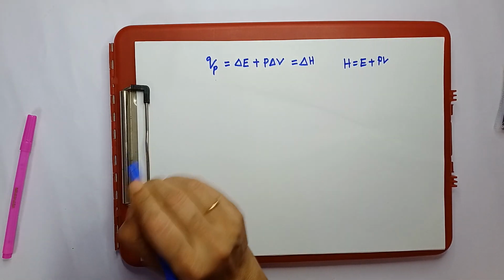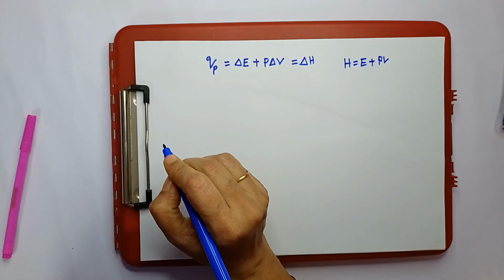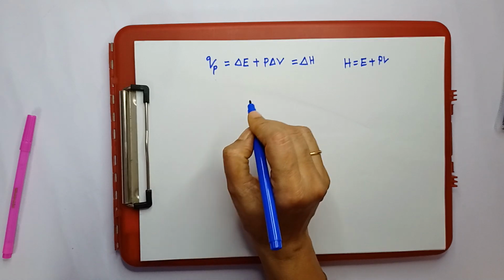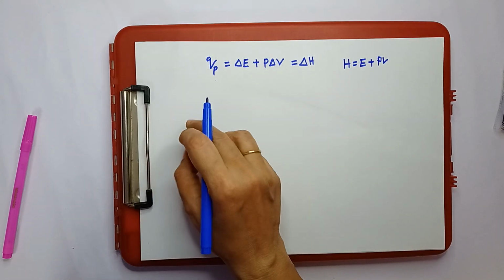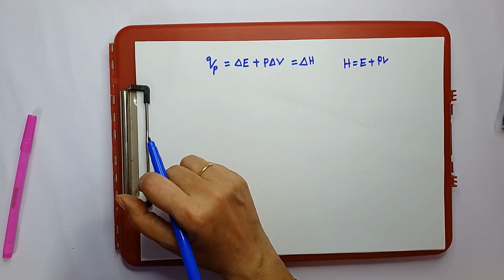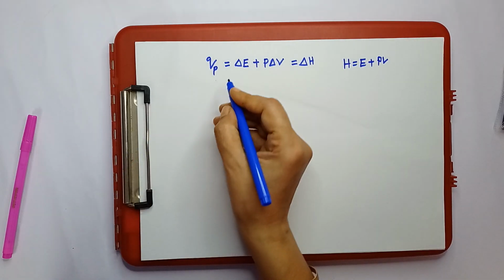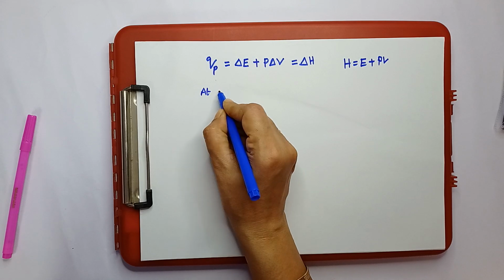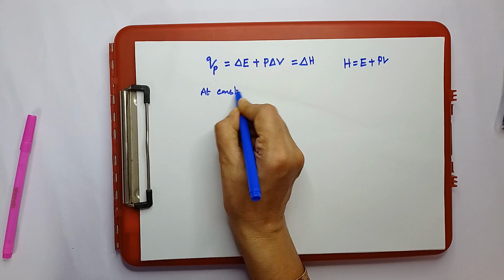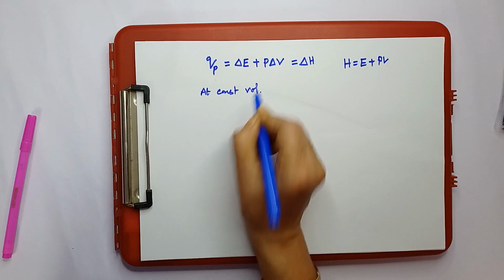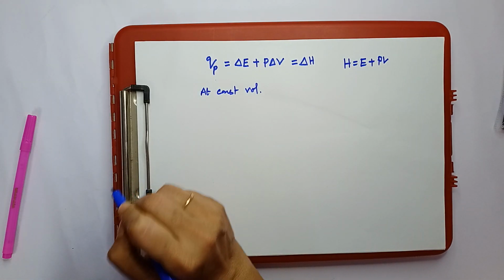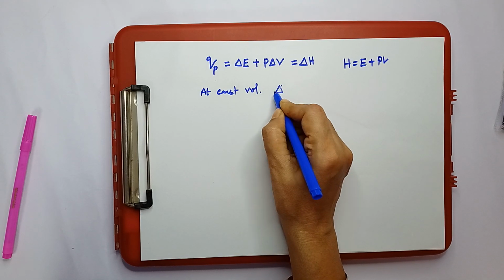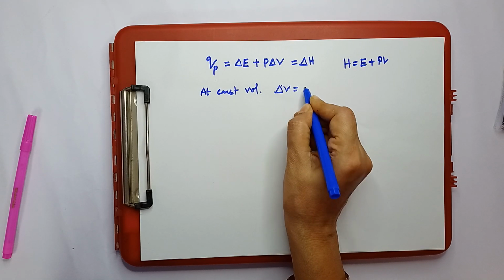Now let us discuss some special forms of this first law of thermodynamics. Now suppose at constant volume. Constant volume means volume is not changing, so delta V is equal to 0.